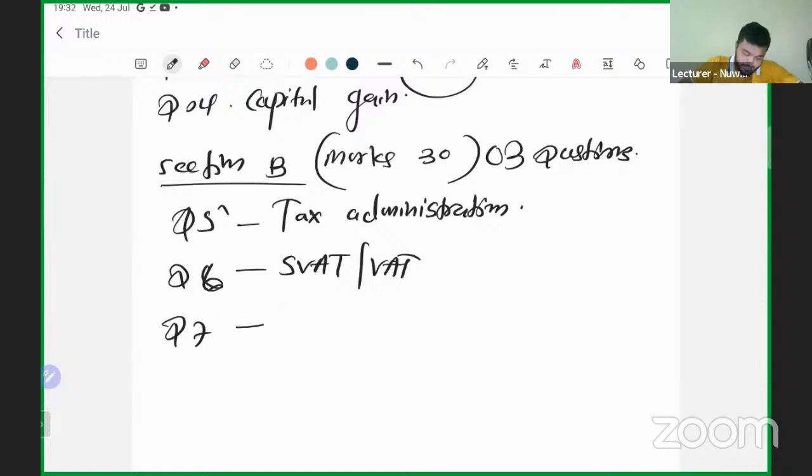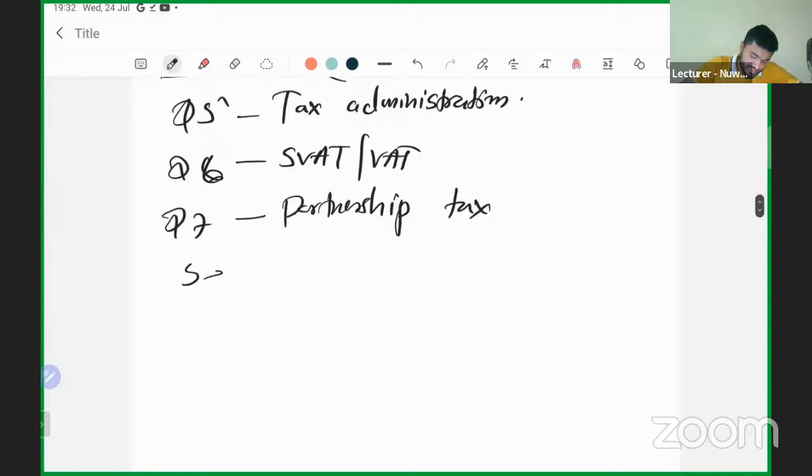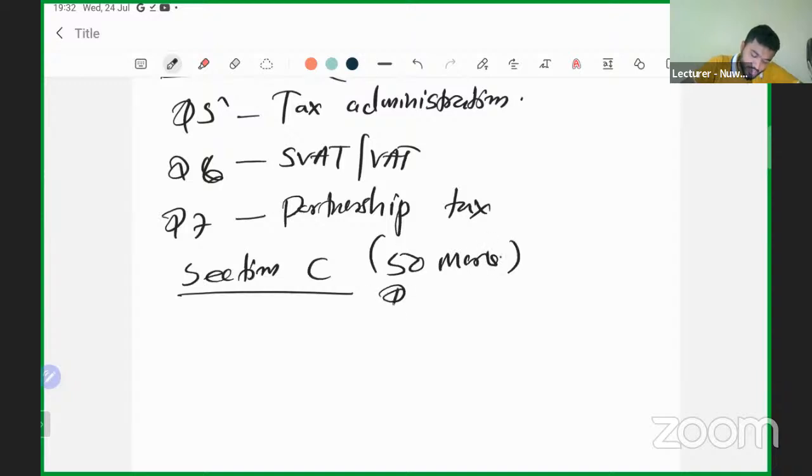So here the partnership tax, these are fixed. Then section C: there are 50 marks and 2 questions. I recommend in your exam to start from the last 2 questions, because that is 50% of your syllabus as well as your question paper.